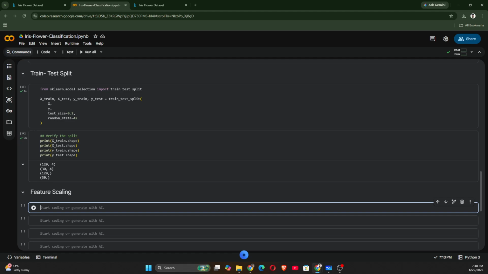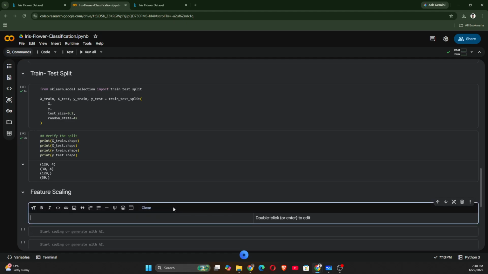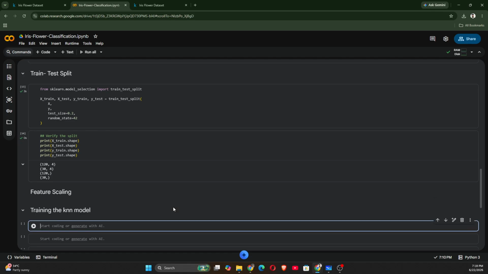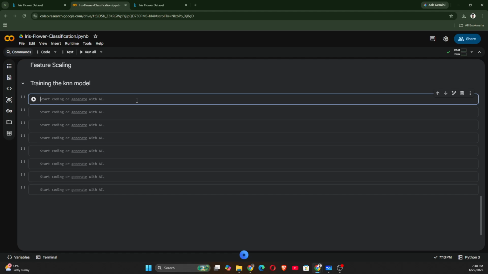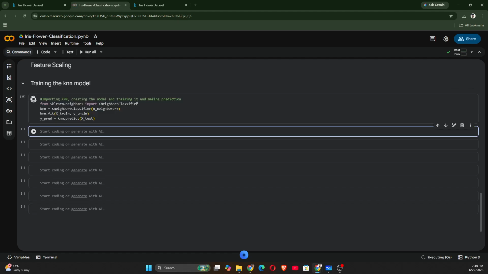So this was feature scaling. The next step is we will train the KNN model.